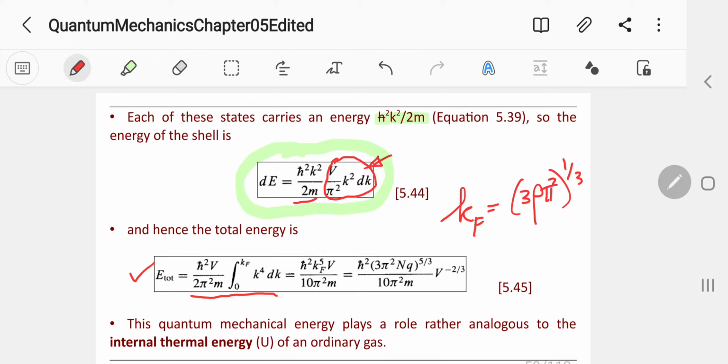So you can change this kf here with that, and then finally you will be able to get this one here.